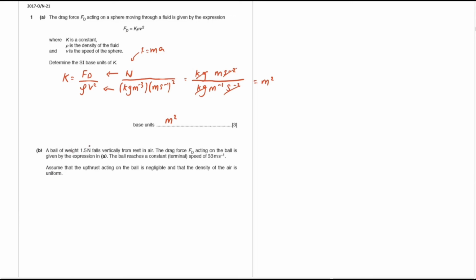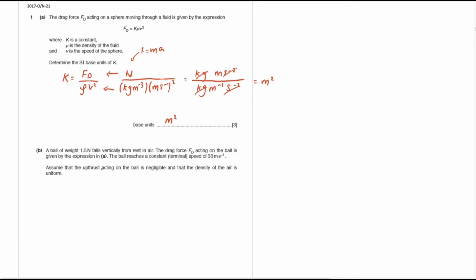Then the ball starts to move faster and faster, then the velocity causes the drag force. So the drag force acting on the ball is given by the expression in A. The ball reaches a constant terminal speed of 33 meters per second. This seems like what we learned in the previous chapter also, terminal velocity.